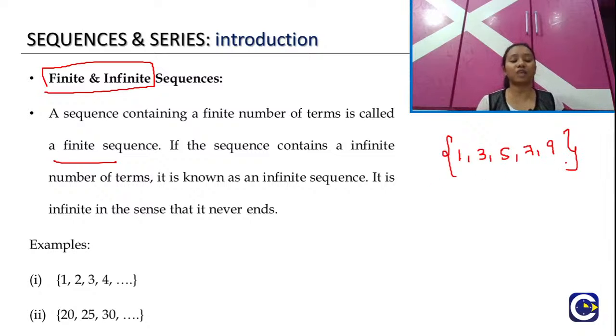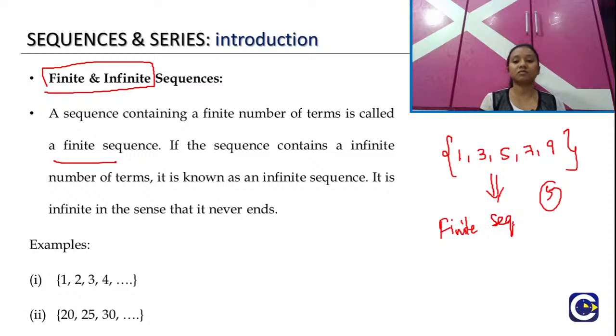Now we have to categorize this sequence, whether it's a finite one or an infinite one. So how many terms are there here? 1, 2, 3, 4 and 5. So here the number of terms is countable, which means a finite number of terms are present in this sequence. So this particular example sequence is called a finite sequence. Right.